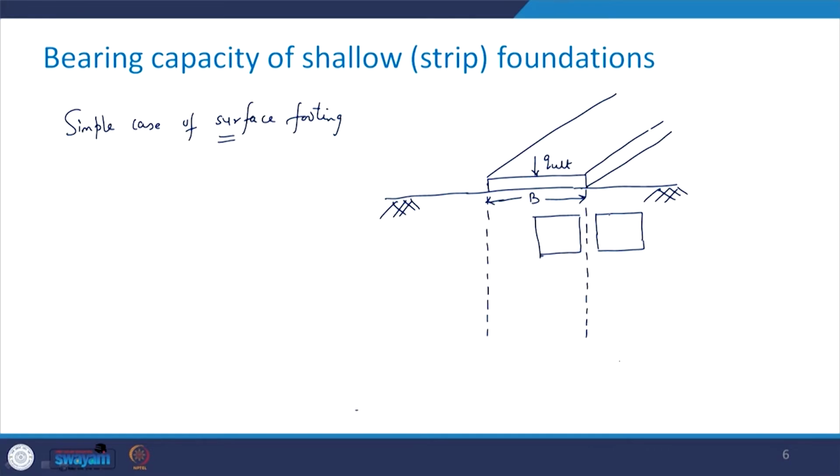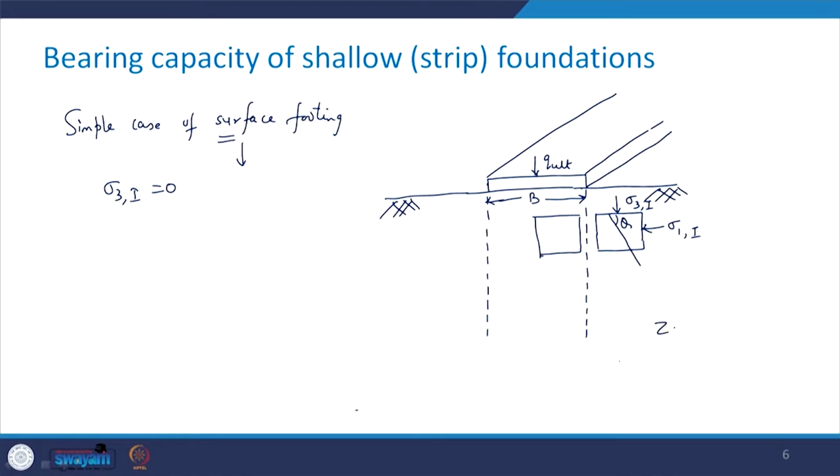Now in case you have the discontinuity like this, which is making an angle of say theta, here is sigma 3 of this zone 1, and since this is the surface footing, this sigma 3 of zone 1 is going to be equal to 0 because there is no overburden, and here we will have sigma 1 in the zone 1.